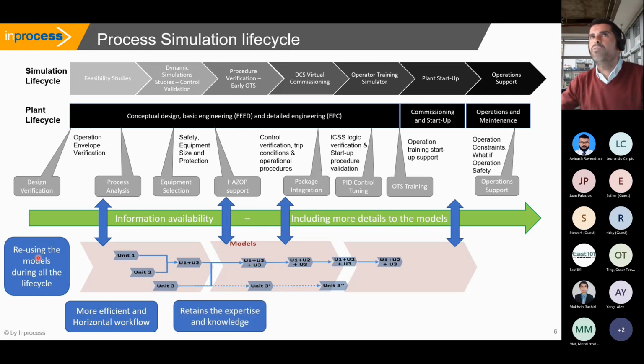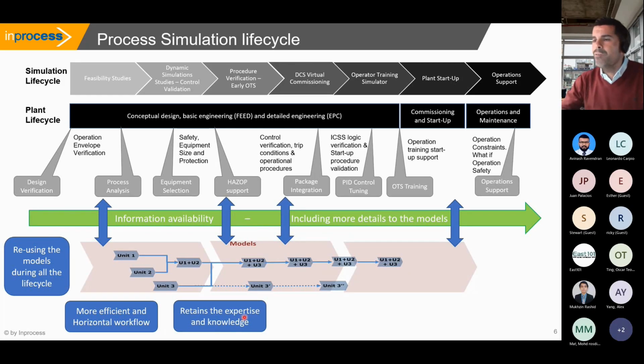What we are doing is finally retaining the expertise and the knowledge that we get from the early involvement in a project, not only for the process team, but also to be reused later on for optimization and control and operations and production. Because it's true that in many projects we have been involved in the early stages, and later on operations may ask for the same things that we addressed with process, because there is a lack of this retention of expertise and knowledge.